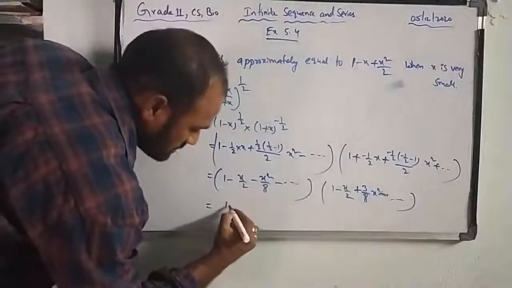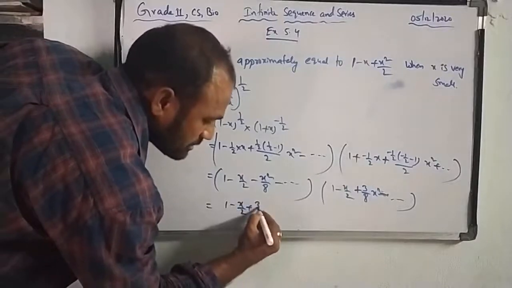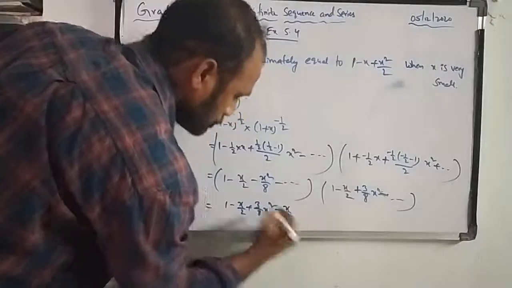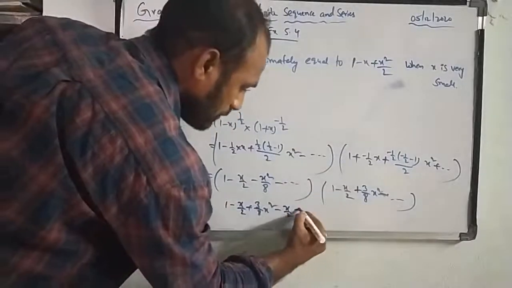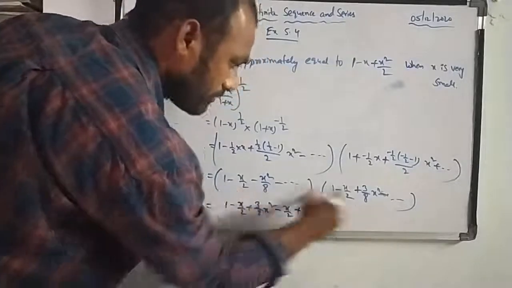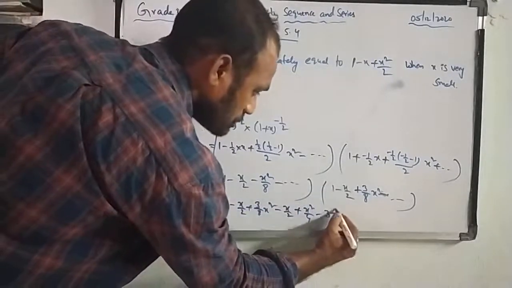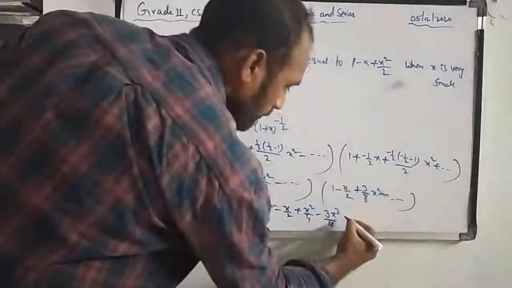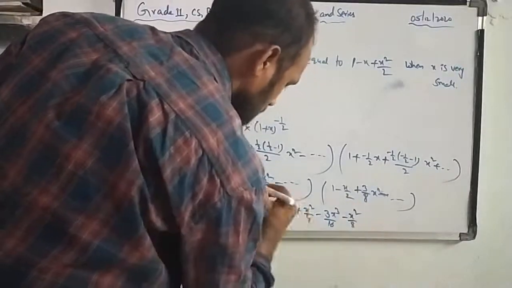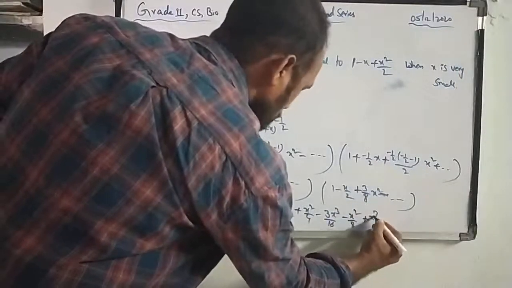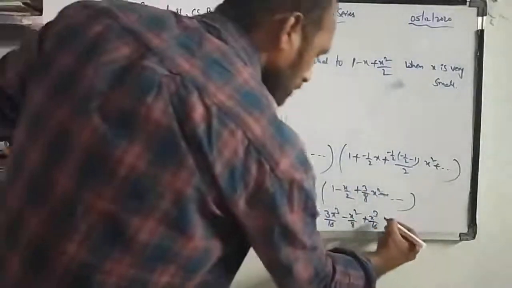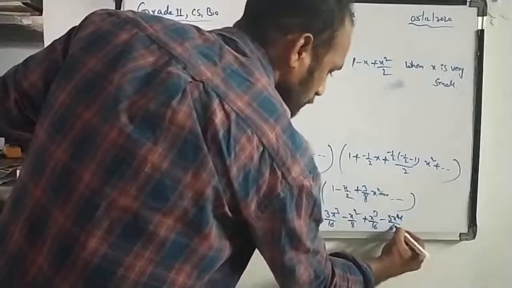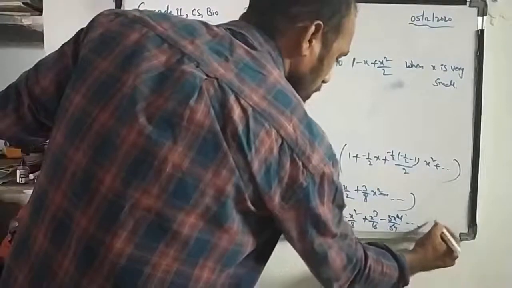So 1 into total will be the same, 1 minus x by 2 plus 3 by 8 x square minus x by 2 plus x square by 4 minus 3x cube by 16, minus x square by 8 plus x cube by 16 minus 3x power 4 by 64, so on.